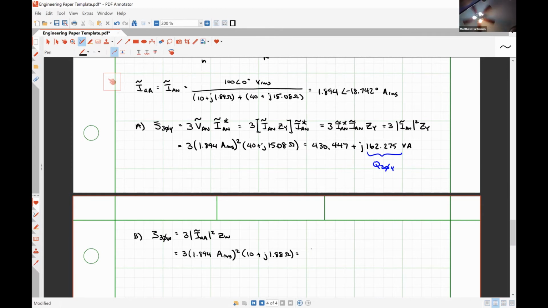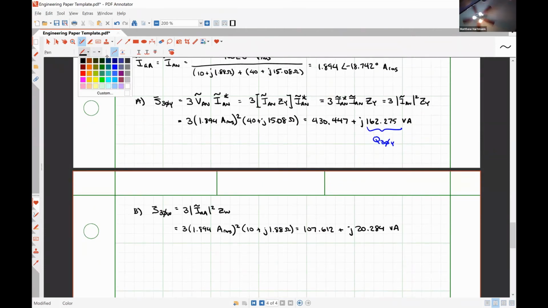And I get that in rectangular form to be 107.612 plus J 20.284. And my average power is then what? 107.612. Right, just the real part, nothing crazy there. So P, that's not a P, that's a B, 3-phase.